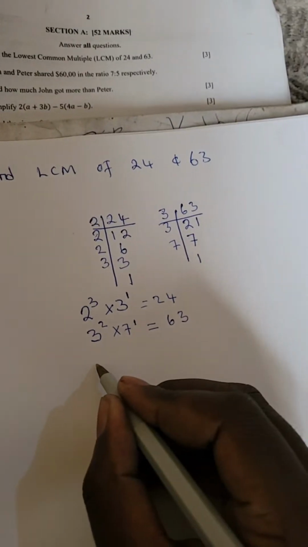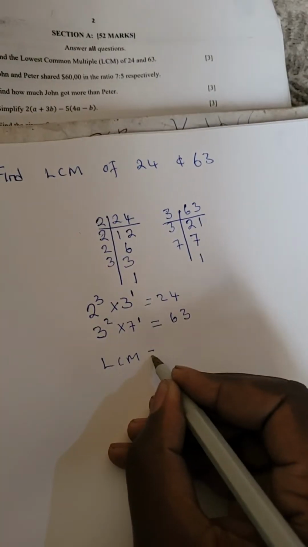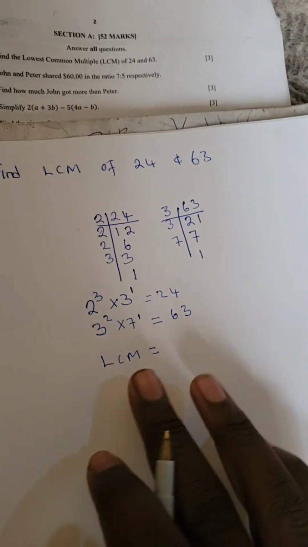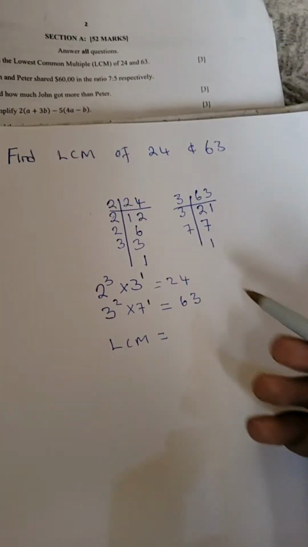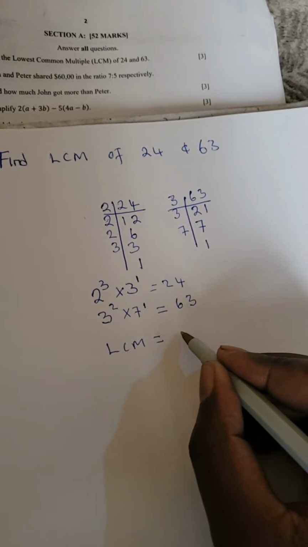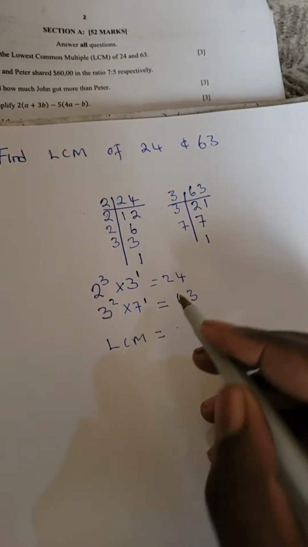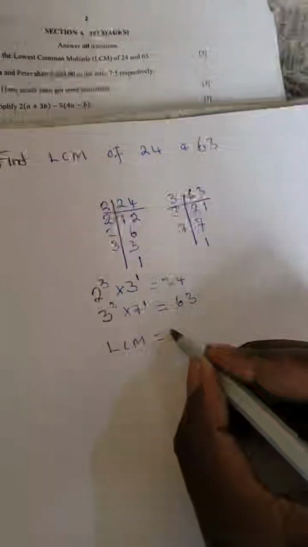So now let's find the LCM, which is the lowest common multiple. And always remember, for LCM we take all the bases with the highest power.